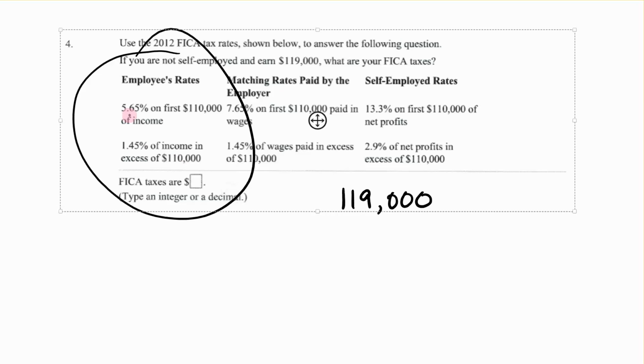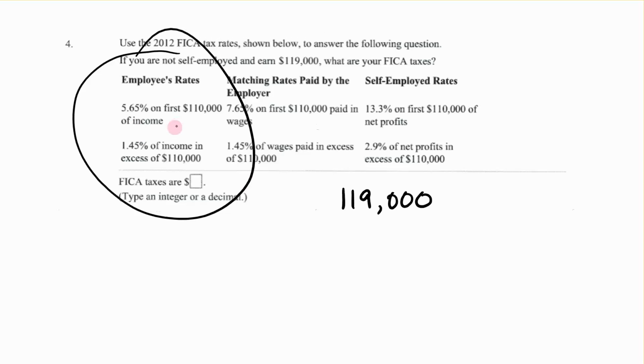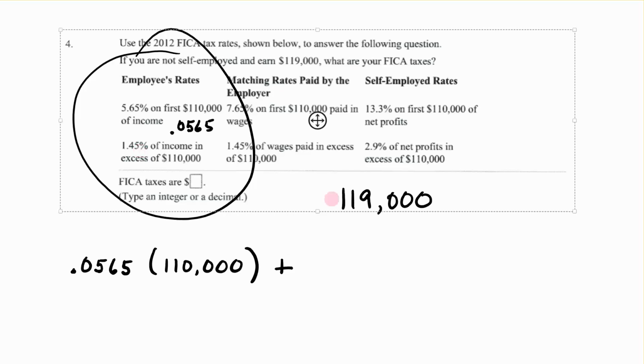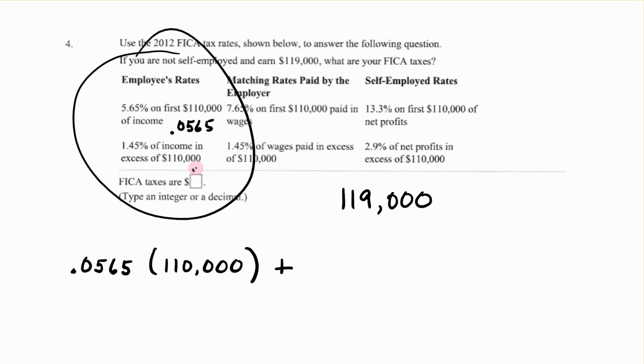So take this 5.65, and it's going to be 0.0565 times the first 110,000, plus 0.0145 times the excess.